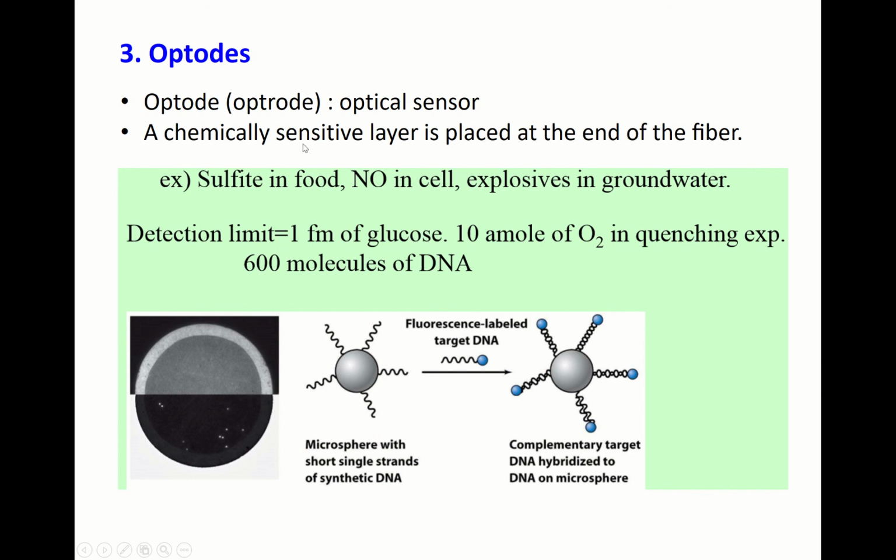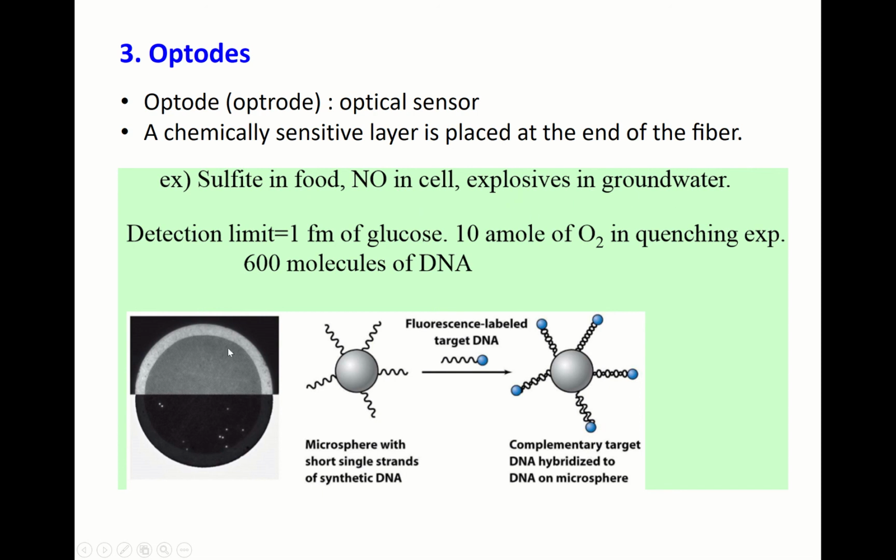A chemically sensitive layer is placed at the end of the fiber. At the end of the fiber, you attach this kind of chemical, for example, to detect sulfite in food, or nitric oxide in cells, or explosives in groundwater.